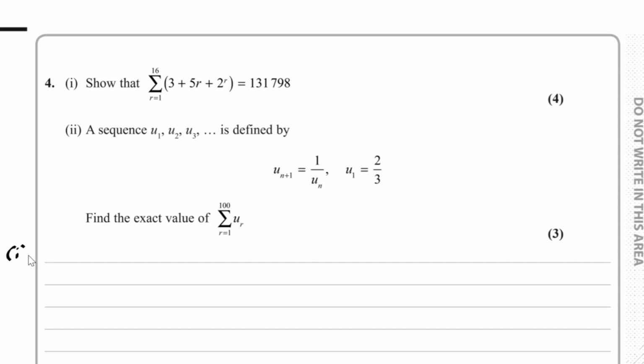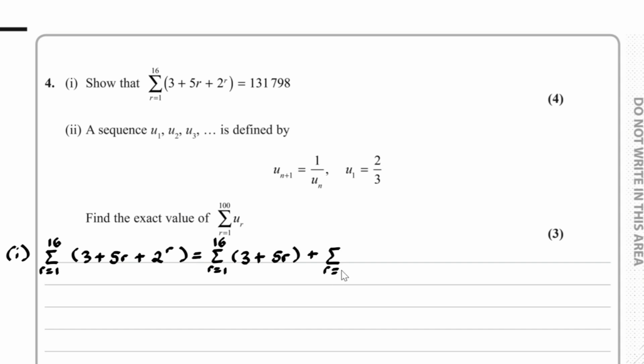So for the first part, we can write the sum from r equals 1 to r equals 16 of 3 plus 5r plus 2 to the power of r as the sum from r equals 1 to r equals 16 of 3 plus 5r plus the sum from r equals 1 to r equals 16 of 2 to the power of r.